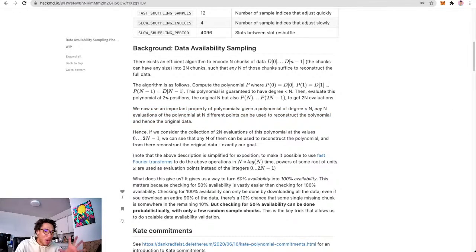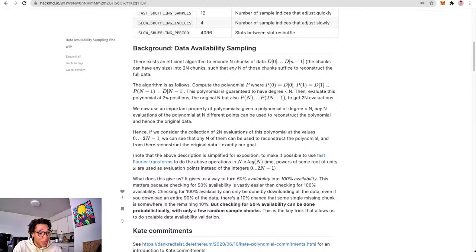We know that that's a property of polynomials. So, moving on. Hence, if we consider the collection of 2n evaluations of this polynomial at the values 0 to 2n minus 1, we can see that any n of them can be used to reconstruct.